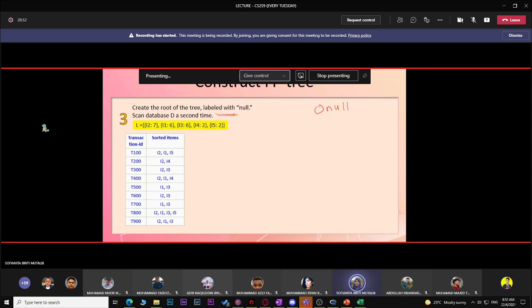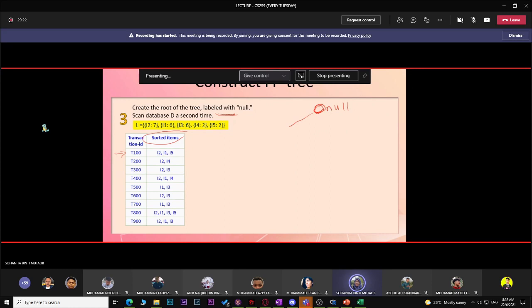Okay, and then we are going to scan the database, the sorted database. We start with null. Okay, and then it goes to the first transaction. And then we are going to represent the items as a node.